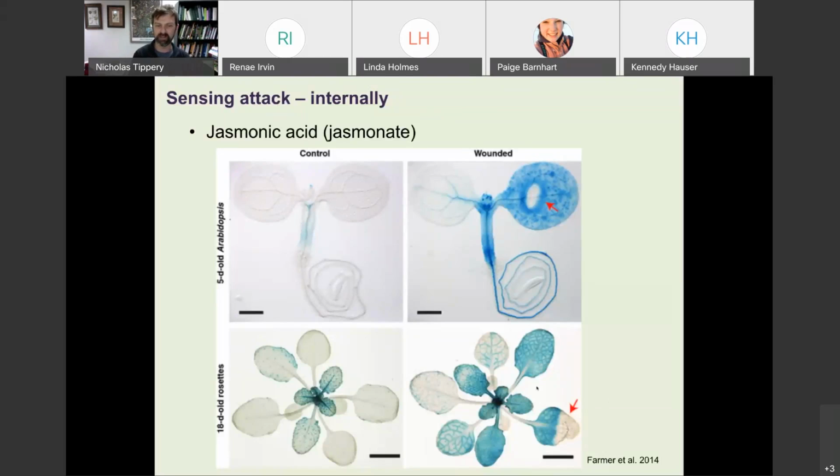A plant that's not damaged has a relatively low amount of this. Then a plant in response to being damaged, either at the early seedling stage or older stage, all these blue parts are increasing their defensive response. So they're signaling damage and responding by producing more defensive compounds.